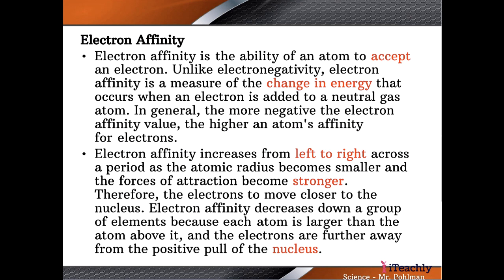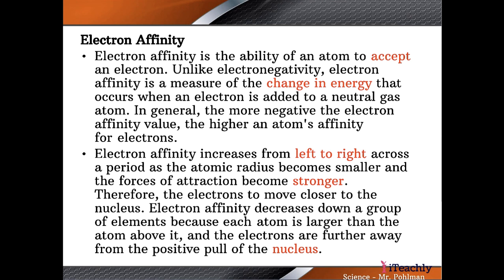All right, we're getting on to our last ones here. We have electron affinity. Ionization energy was related to pulling electrons away. The anions, they have to gain electrons. So electron affinity is the ability of an atom to accept an electron. Unlike electronegativity, electron affinity is a measure of the change in energy that results as we add electrons to it.